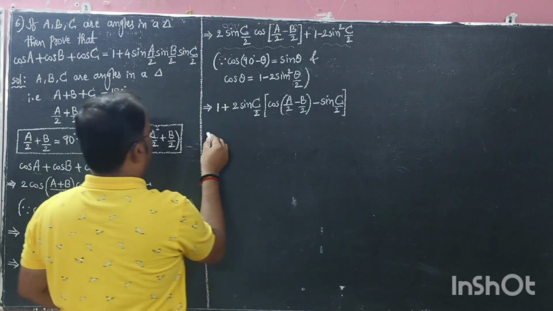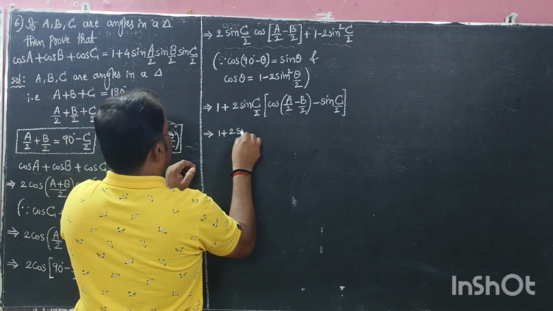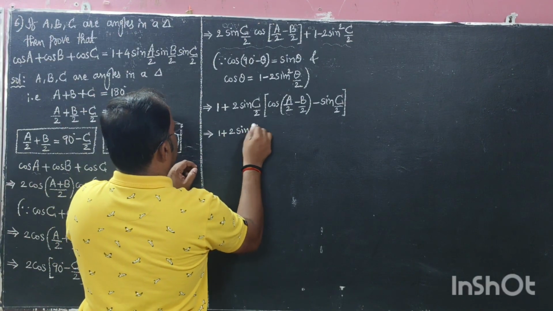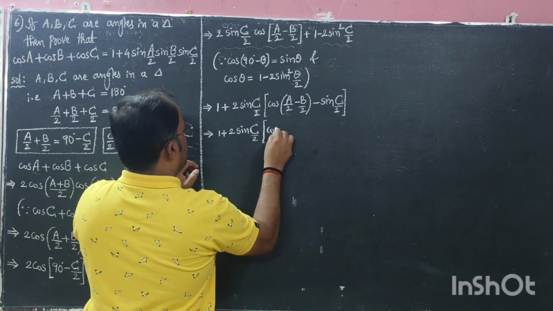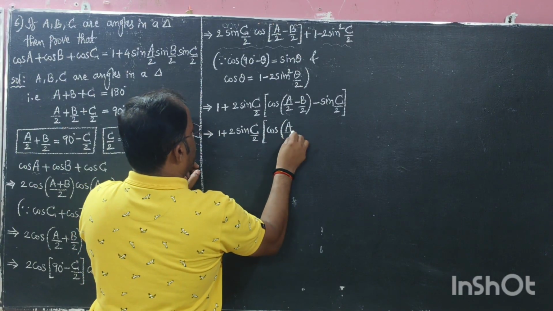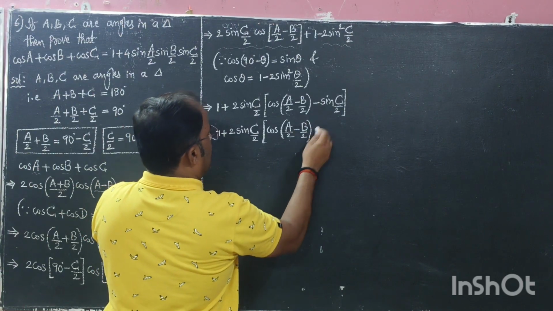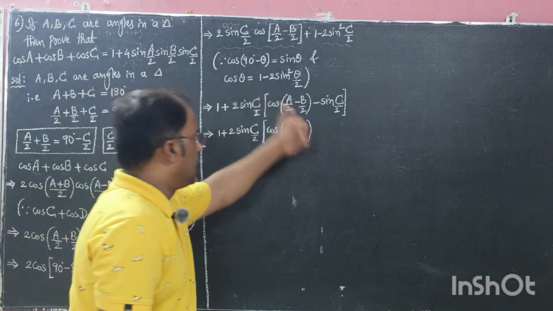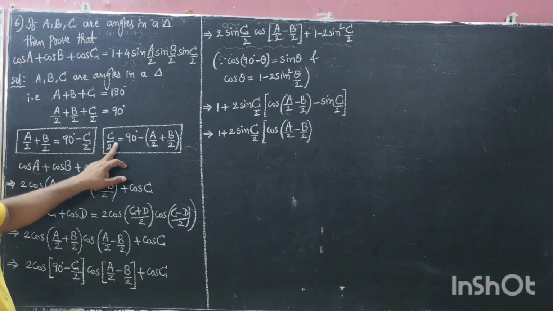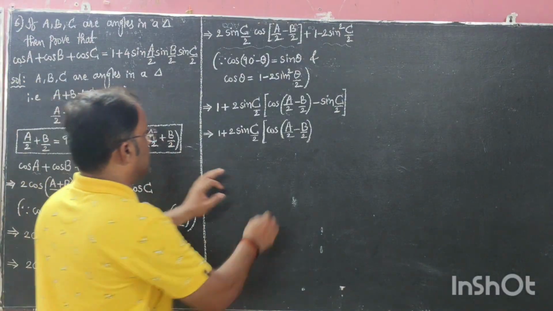Right, now 1 plus 2 sin C by 2 as it is, and first one in A by 2, B by 2 terms, means we have to write capital sin C by 2. Capital C by 2 formula is 90 degree minus of A by 2 plus B by 2.